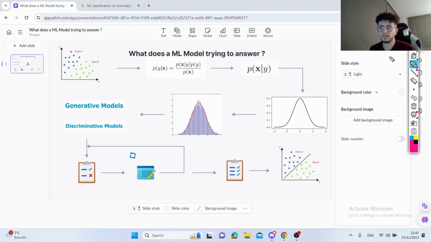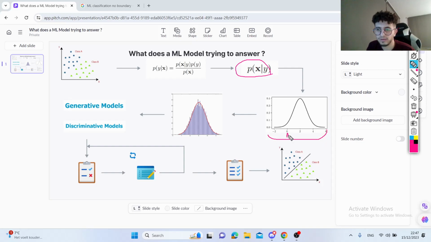To answer the conditional probability, we would like to know the distribution behind it. To answer what the probability is for me to be 180 given that I am a man, we would like to know the distribution of heights for men in general. For example, we have this here.